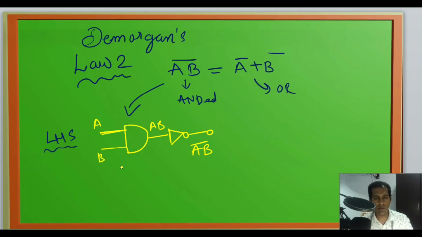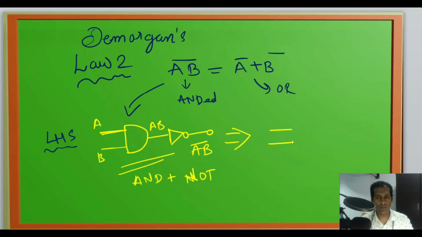Now if we remember the circuit of the NAND gate, NAND is nothing but AND plus NOT gate. So this is equivalent to the NAND operation. This is the LHS.